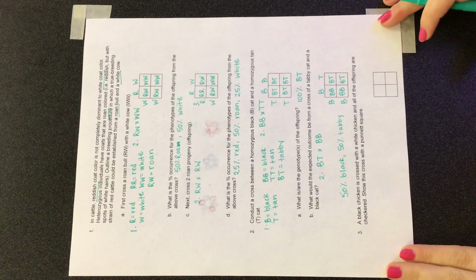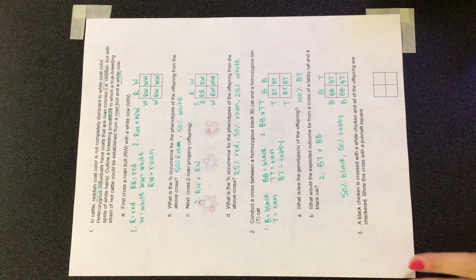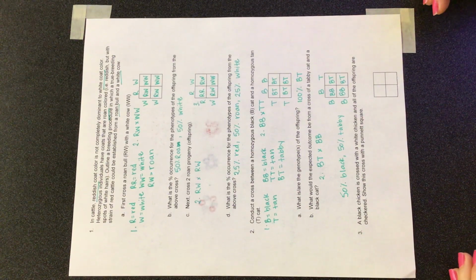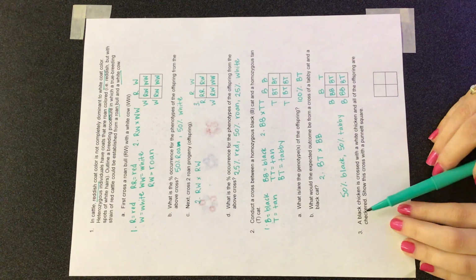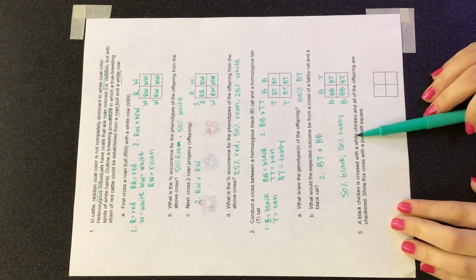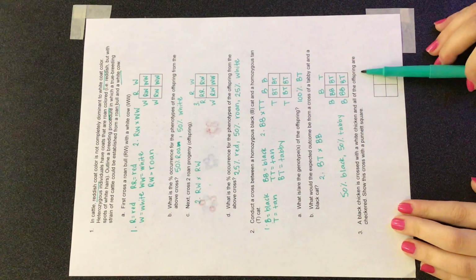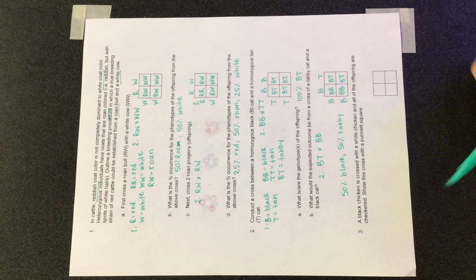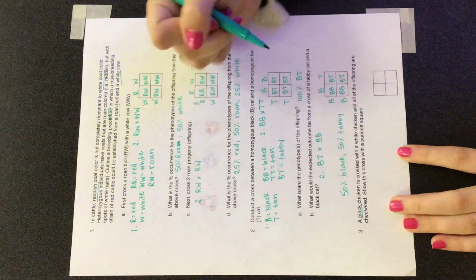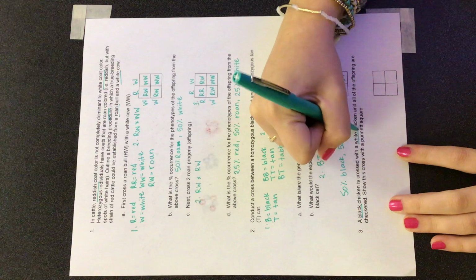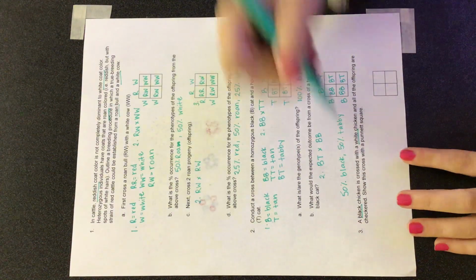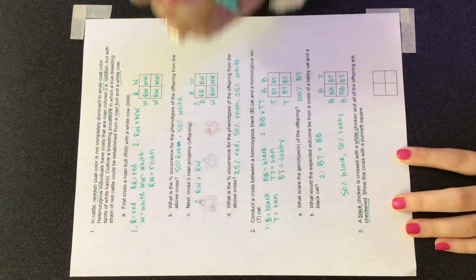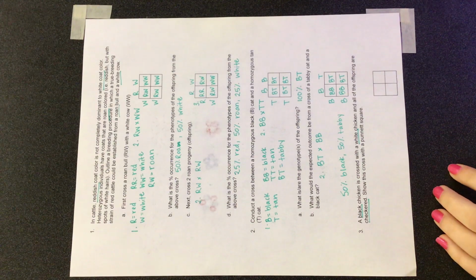For number 3, we're now moving to chicken feathers as our trait. And they tell me that a black chicken is crossed with a white chicken, and all of their offspring are checkered. So black is one of the phenotypes, white is another one of the phenotypes, and black and white showing codominantly must be checkered.